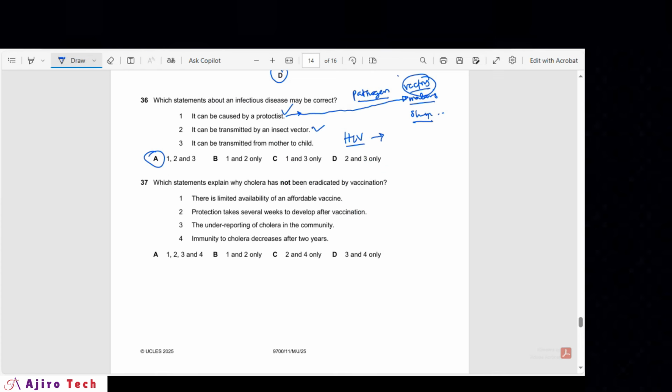Which statement explains why cholera has not been eradicated by vaccination? To eradicate a disease by vaccination, one organization that actually plays a major role is the WHO, and the WHO would supply vaccines.